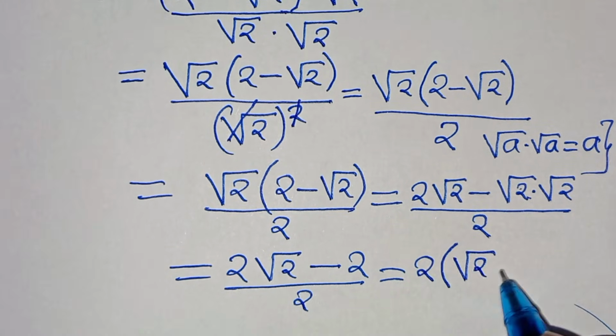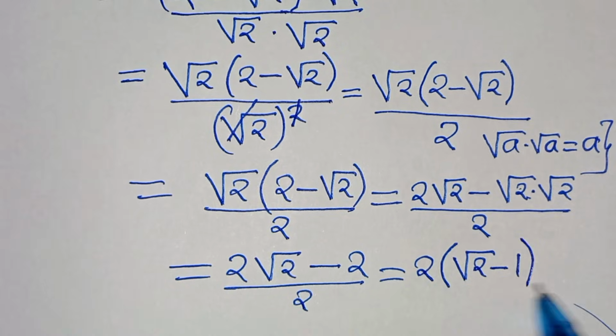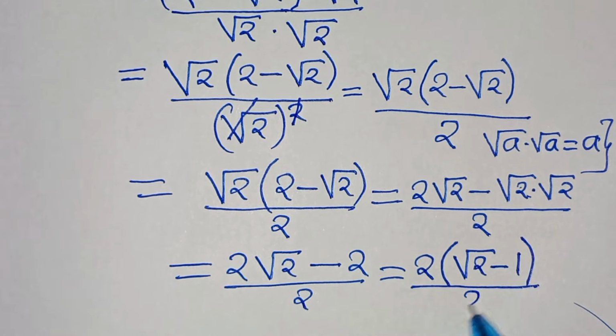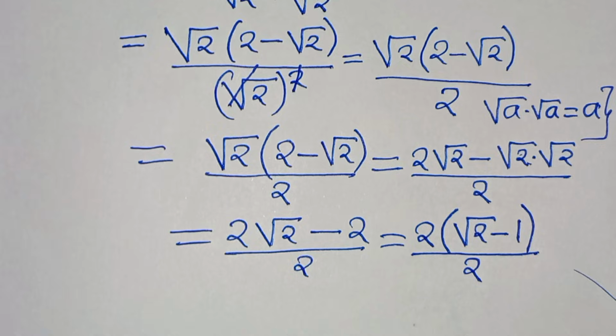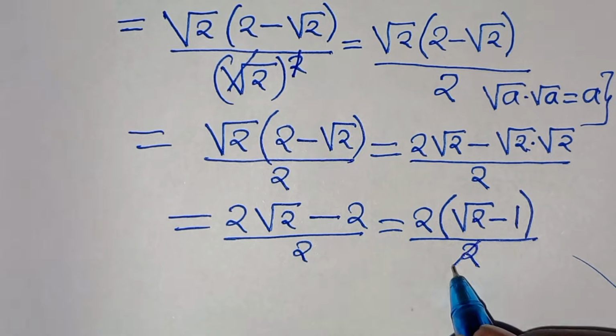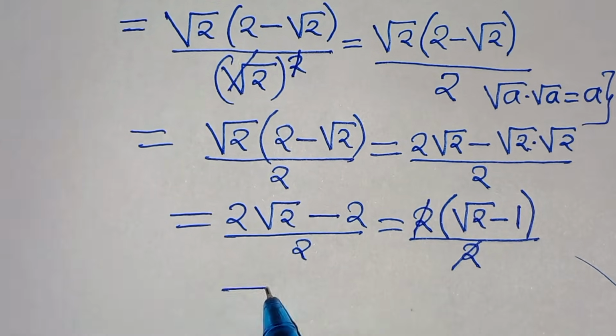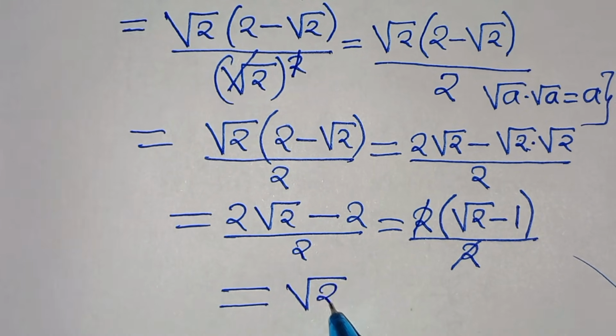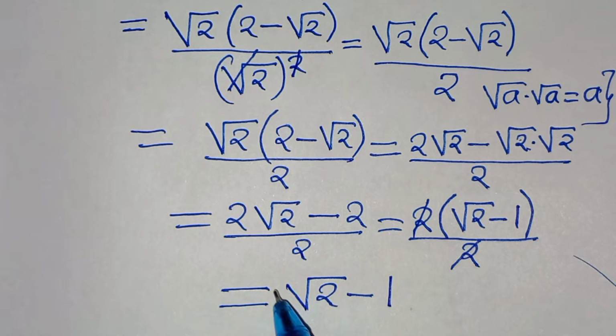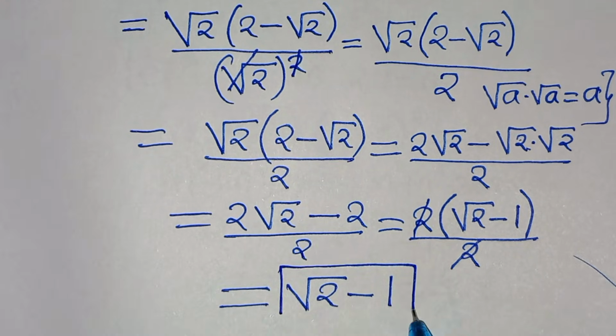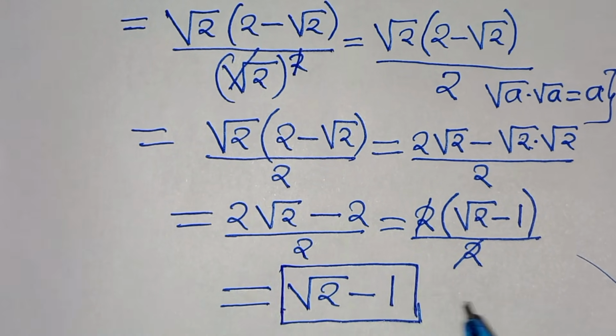This is root 2 minus 1, close the parenthesis, everything here divided by 2. So we can simplify 2 and 2 here, and that means that the solution to this problem is root 2 minus 1. And this is our solution to this square root math problem.